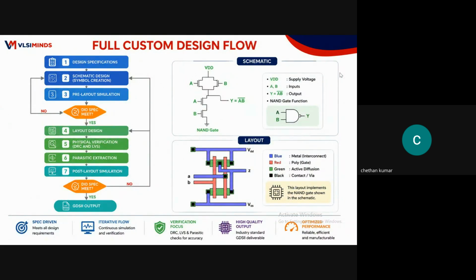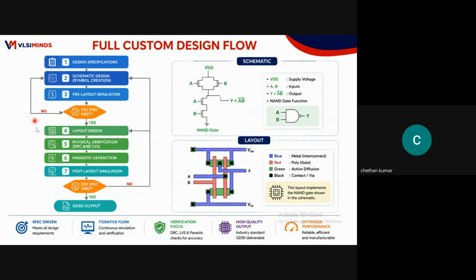If it is meeting the specifications, we go ahead. If it is not, then we go back to the schematic so that it meets the specifications required by the customer. If it is met, then we go for the layout design.